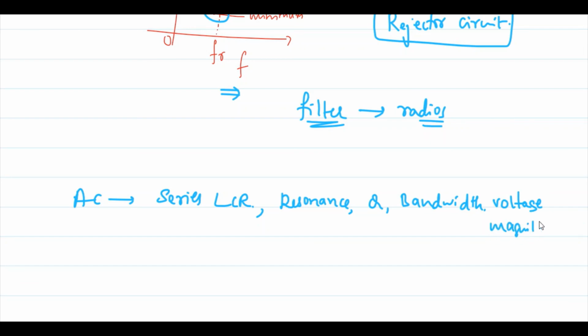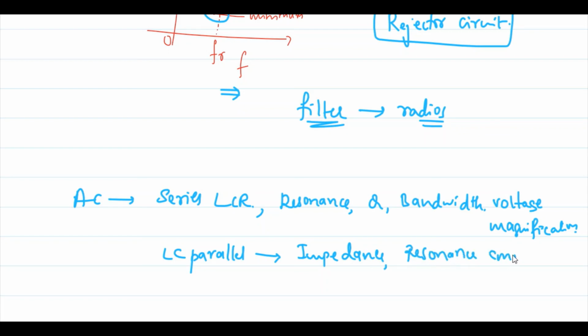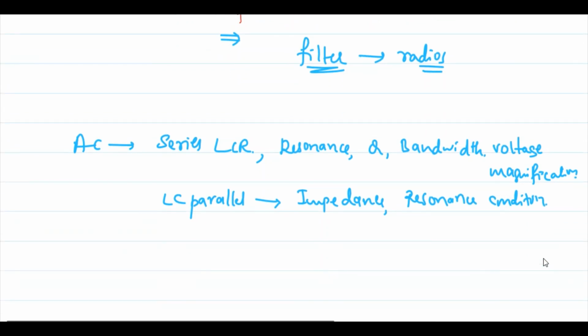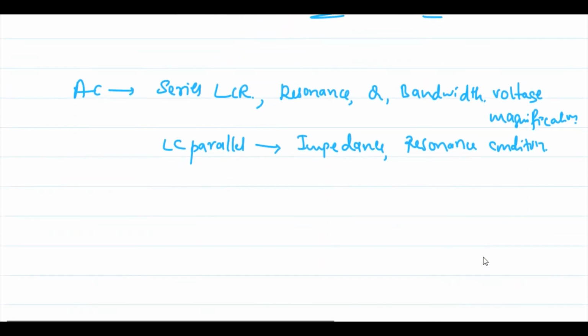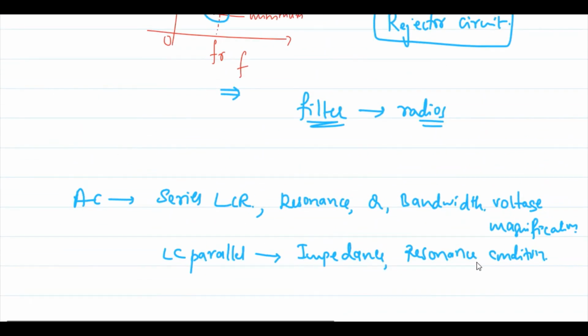Then we came to the parallel LC circuit, where we saw the impedance of the circuit, the current in it, and the resonance condition.